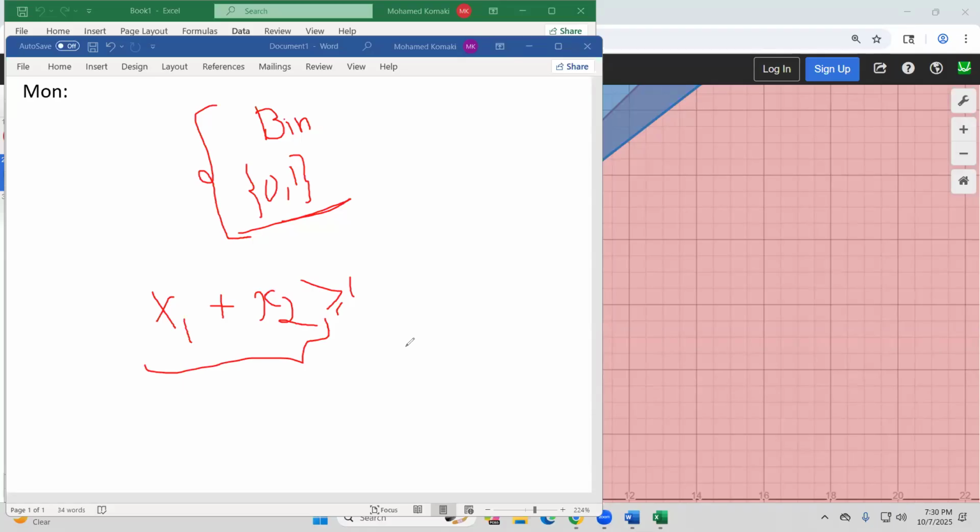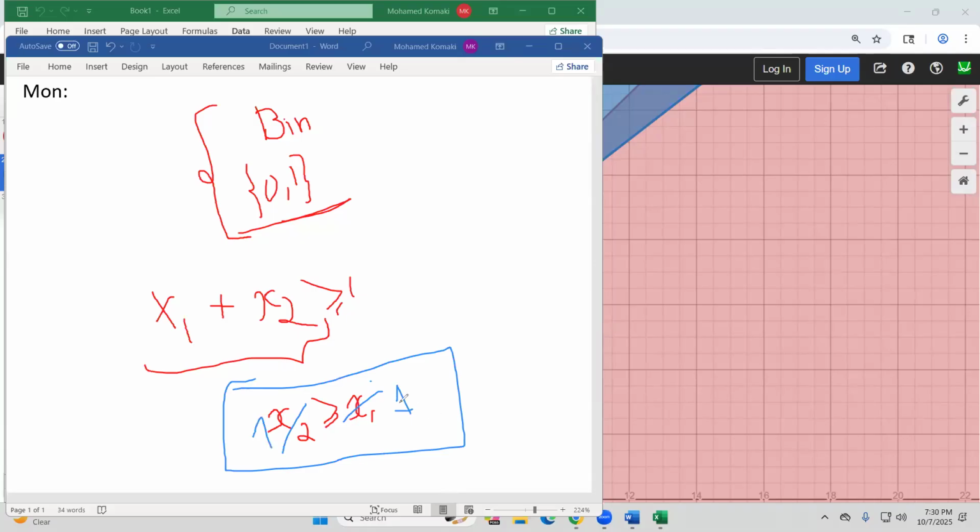For example, you pick x2 if x1 is selected. That means if x1 is 1, x2 should be 1. But if x1 is 0, x2 could be 0 as well. That makes sense, and I'm going to show a bunch of examples of this.